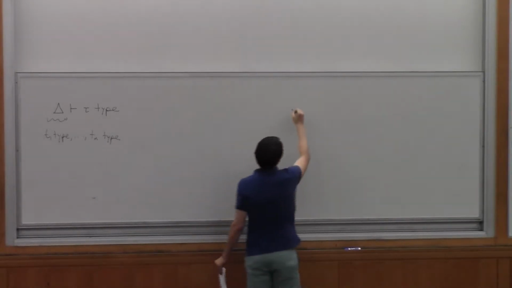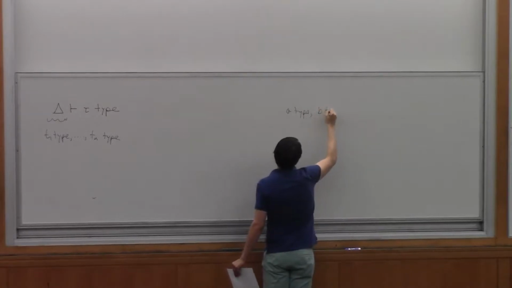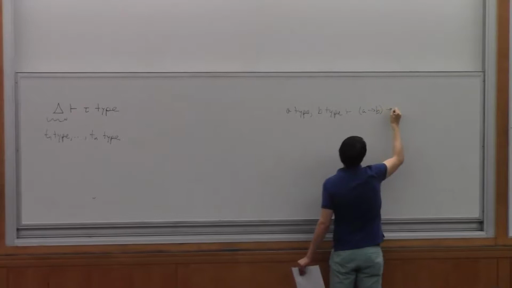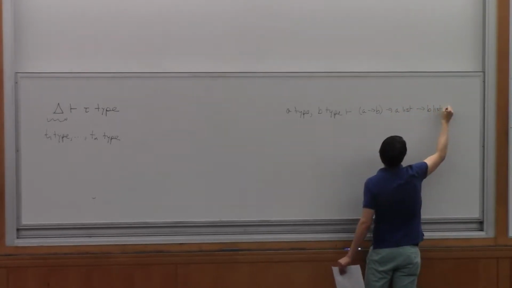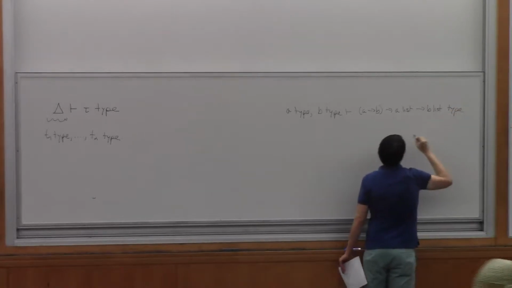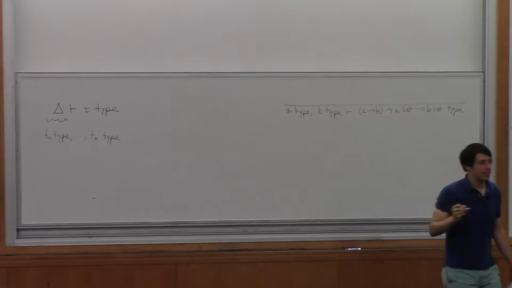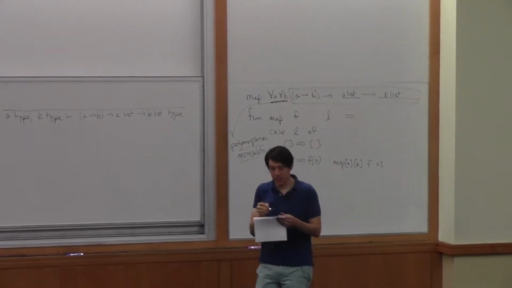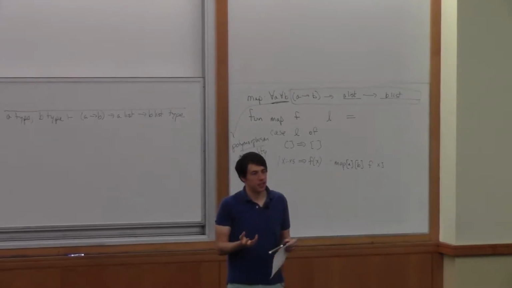So for example, it will be true that assuming that A is a type and B is a type, A arrow B, arrow A list, arrow B list is a type. Okay, so the idea is that this stuff, the stuff that went in the body of map, is a type, assuming that A stands for a type and that B stands for a type.